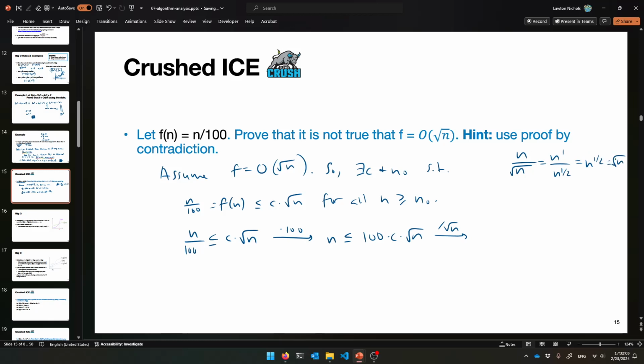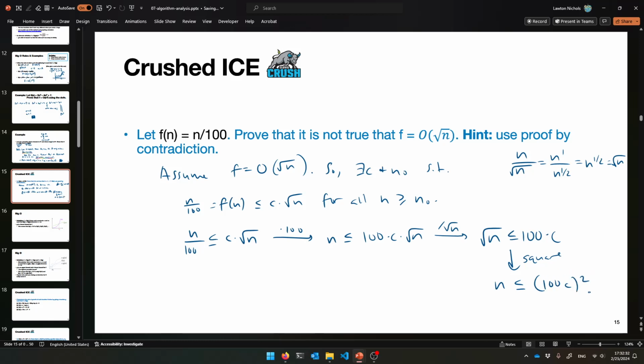That leaves the square root of n on the left side less than or equal to 100 times c. Then just for fun, let's get rid of the square root and square both sides. So n is less than or equal to 100 c squared.